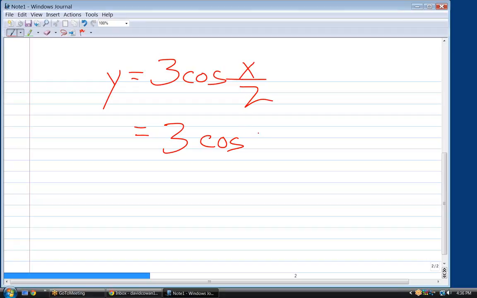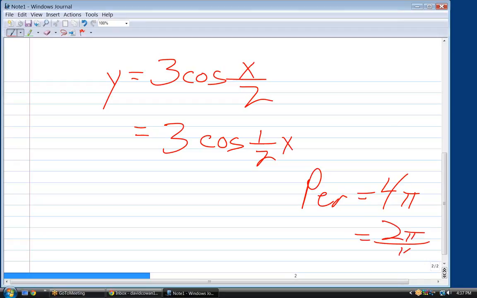The 1/2 x. And now b is 1/2, which means the period is 4 pi, because the period is 2 pi divided by b, and b is 1/2.